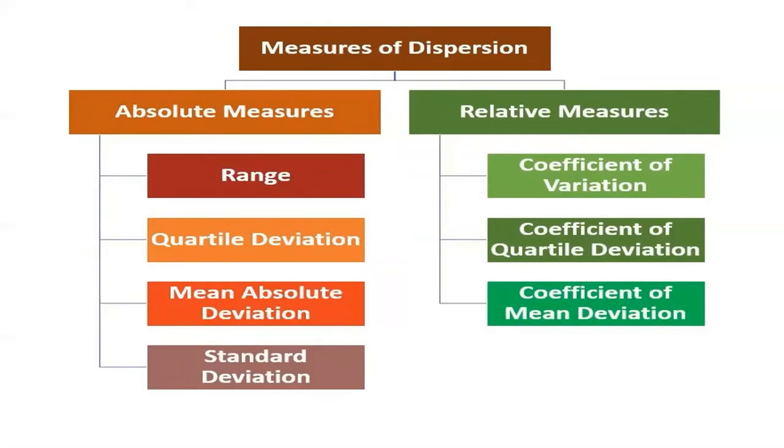These 4 are the absolute measures. But when you add the word coefficient, it becomes a relative measure: coefficient of variation, coefficient of quartile deviation, coefficient of mean deviation, and coefficient of standard deviation. These are the 4 relative measures of dispersion.